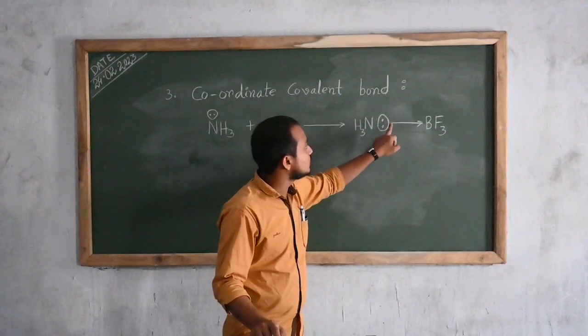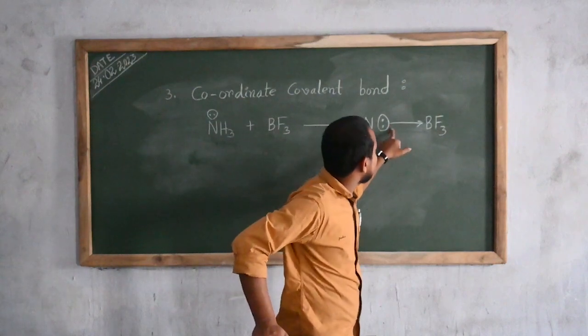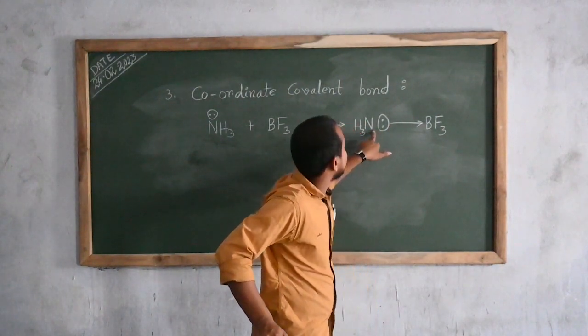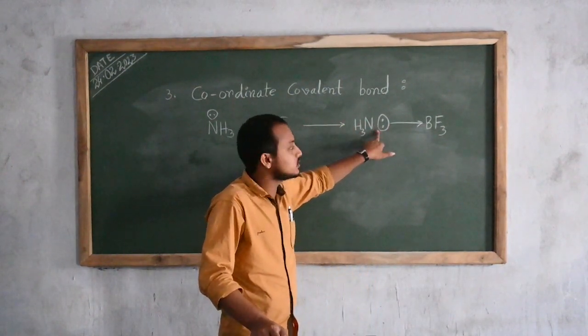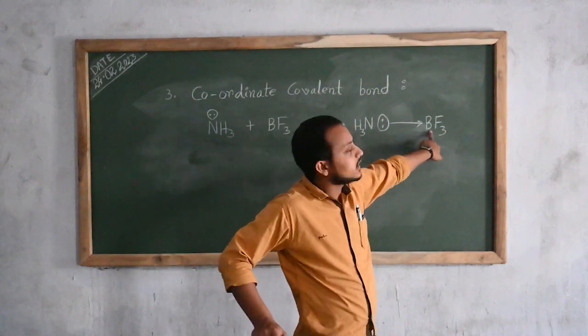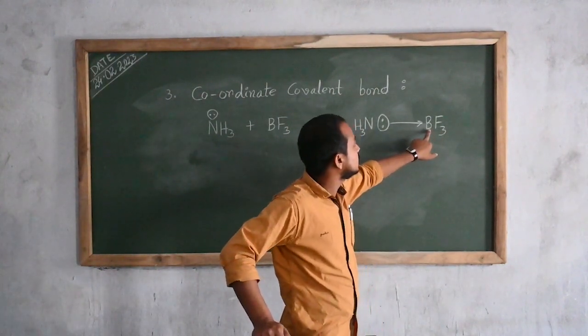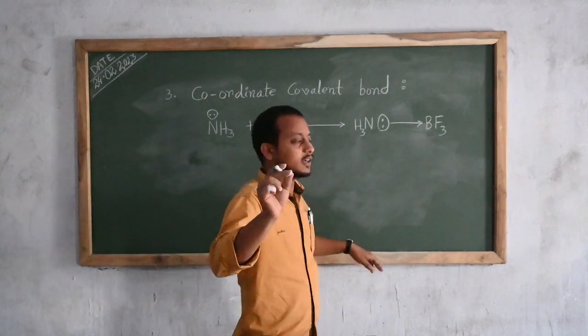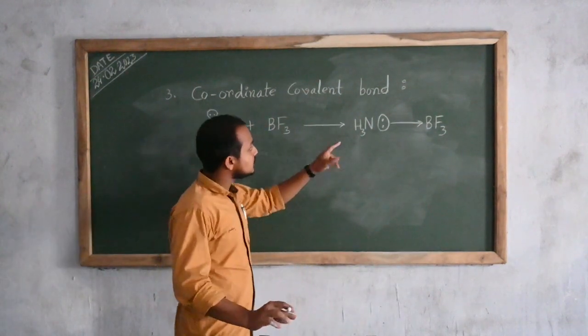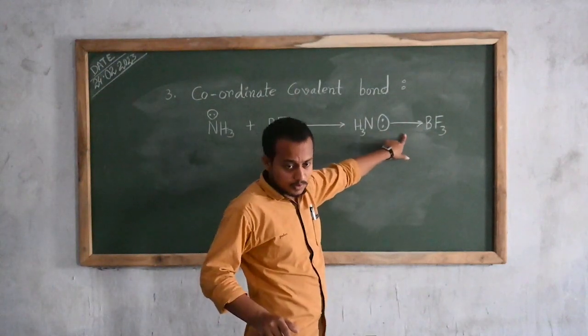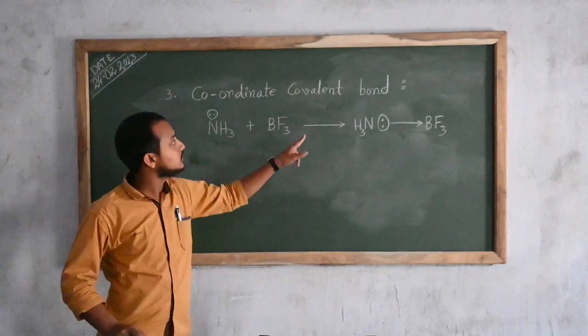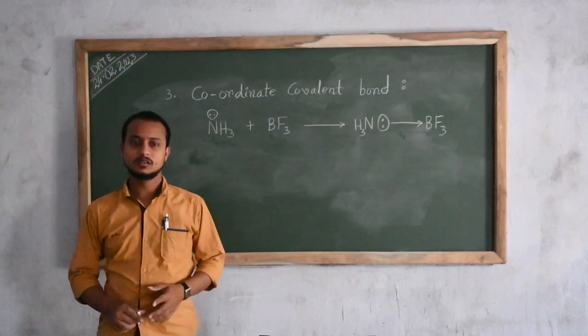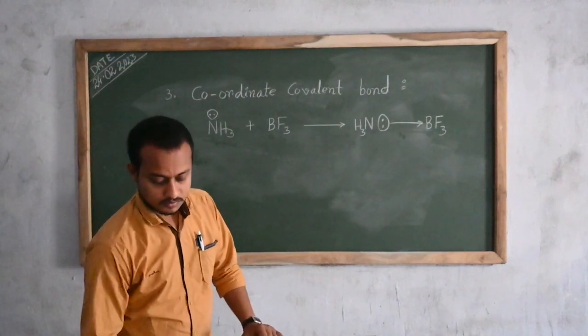These two electrons are shared by the central atom of ammonia, that is nitrogen, with the central atom of BF3, that is boron, to nullify its electron deficiency. This is the example of a coordinate covalent bond. Okay, that's it.